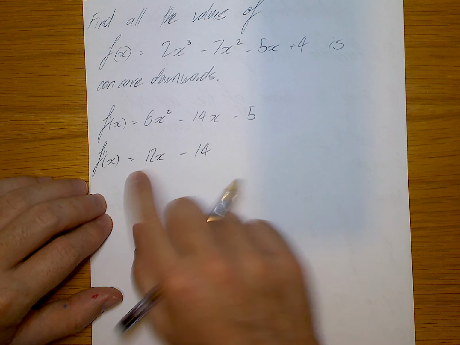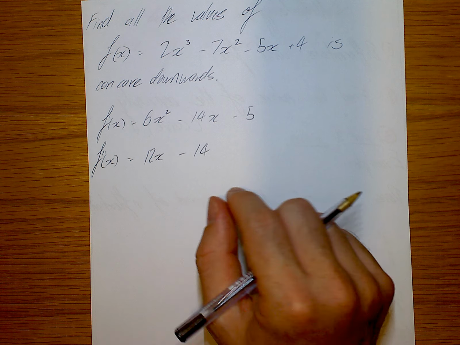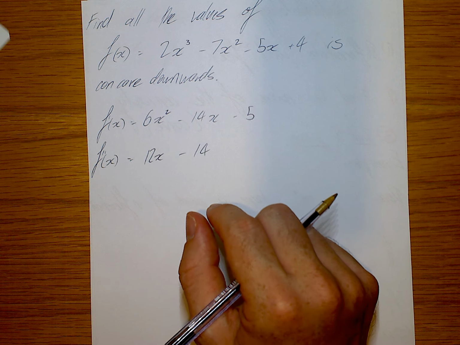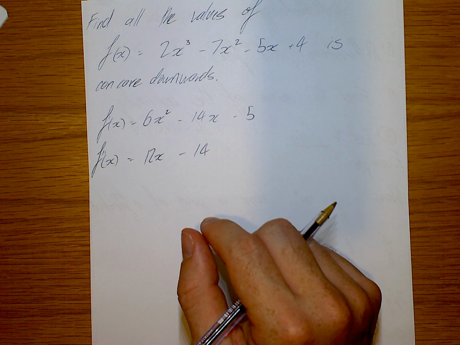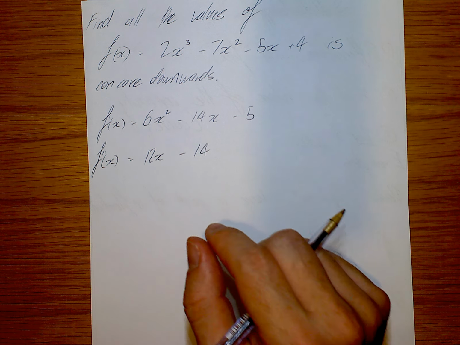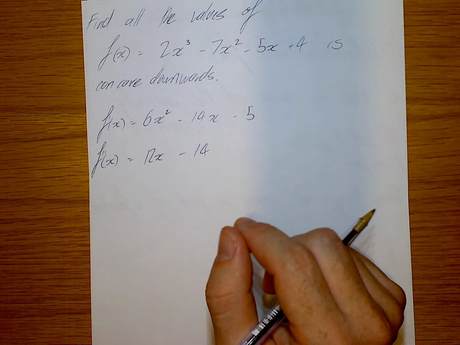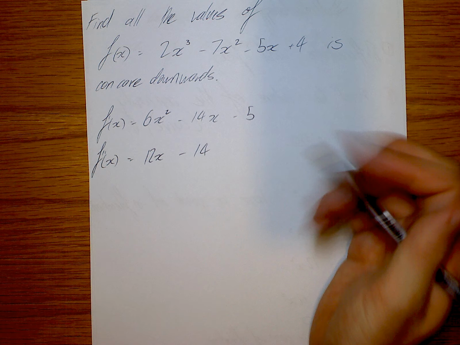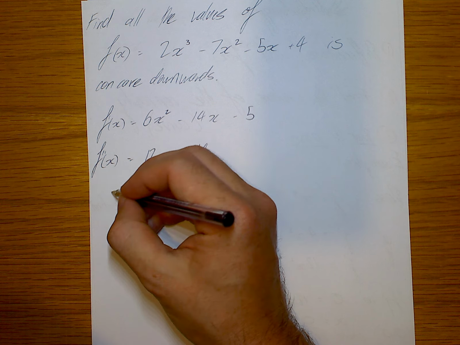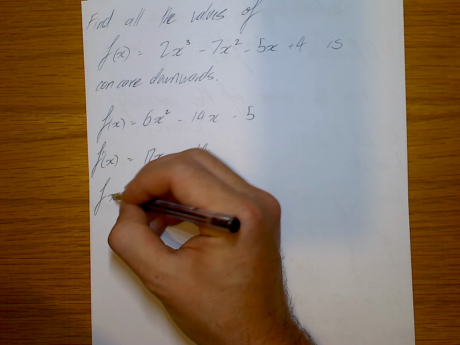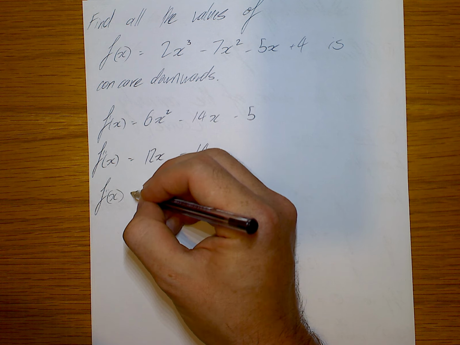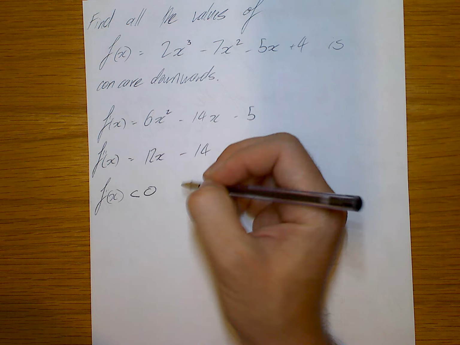Now we've got to find if it's going to be concave down. For that, it needs to be negative, so it needs to be less than 0. So f double dash x is going to be less than 0.